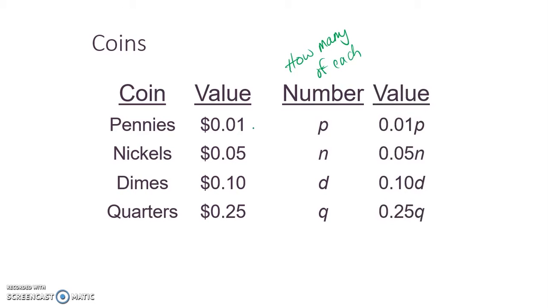And we would take the value of 1 times the unknown number of each, and that would equal our total value of each. So this would be our total value of each. This was our value for 1, and this is our total value for our pennies, our nickels, our dimes, or our quarters.